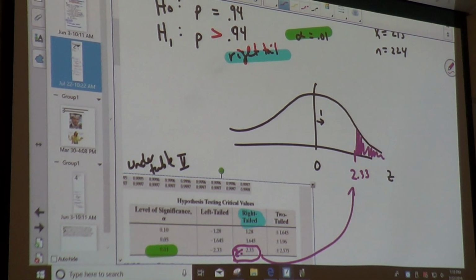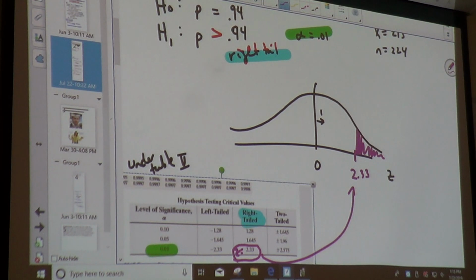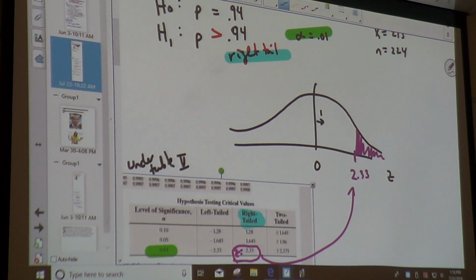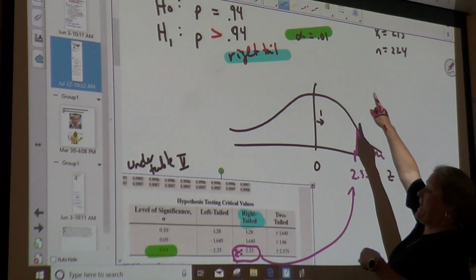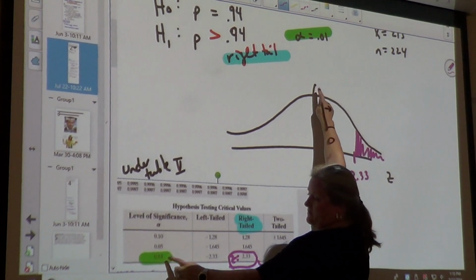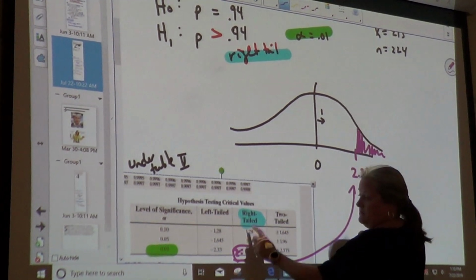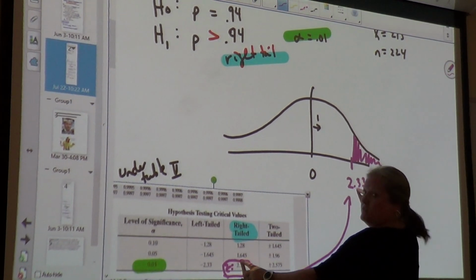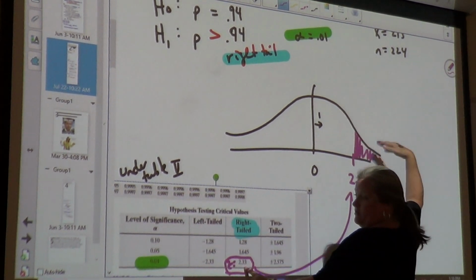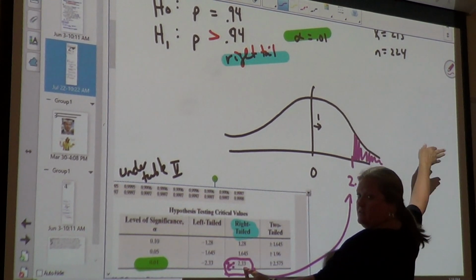That's where that came from, 2.33. Are we good so far? Hold on, this is from 0.5 to 0.5. At the very bottom right, you see it? Yeah. So the alpha is 0.01, and it is right-tailed because it's greater than. So that gave me the 2.33. We shade to the right.